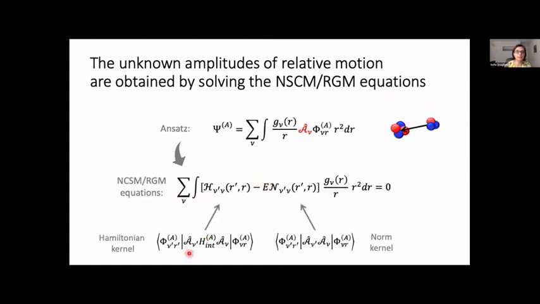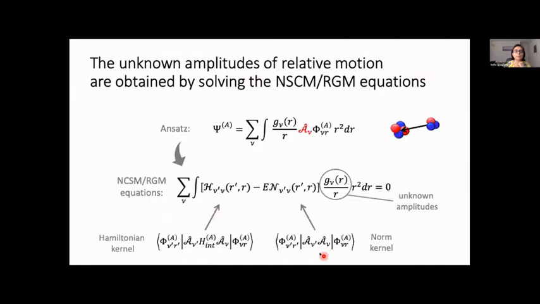What we see here is the Hamiltonian kernel, which is basically given by the matrix element of the intrinsic Hamiltonian on this anti-symmetrized channel basis. And we also have a norm kernel because this type of basis is not orthogonal, it is overcomplete in general, but this is not a major issue. It can be dealt with easily.